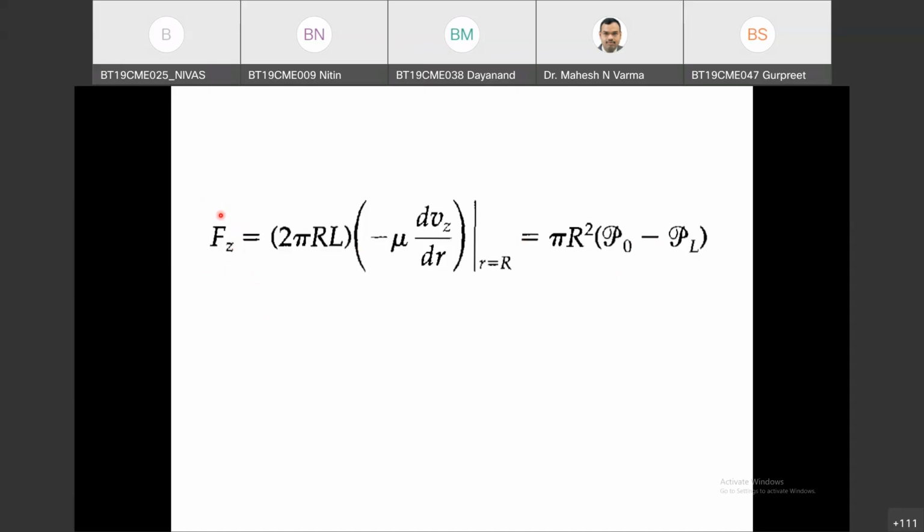The pipe will exert this force on the support, so my support should withstand at least this much. Then you can design more than that.